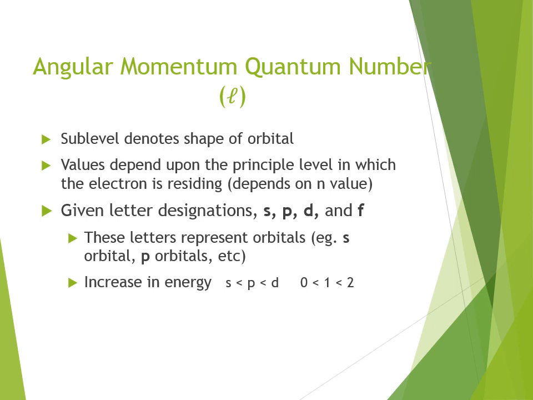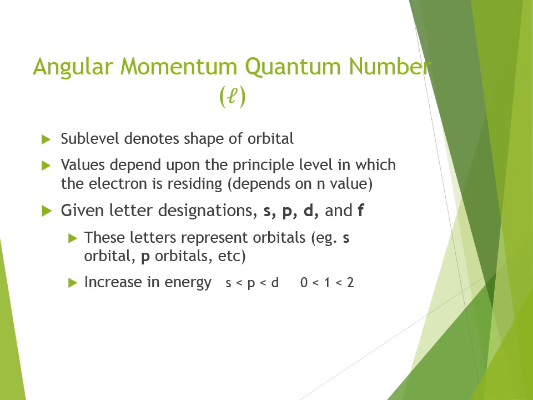In order to do that, we need another piece of information, and that's going to be the angular momentum quantum number. The angular momentum quantum number is a sublevel that denotes shape. This is going to narrow down, or put the periodic table into, further groups.